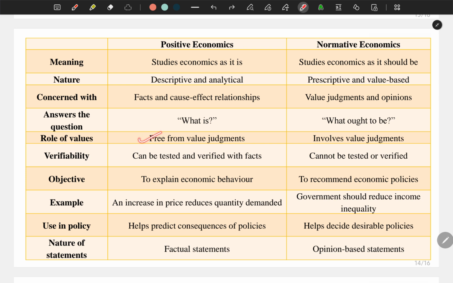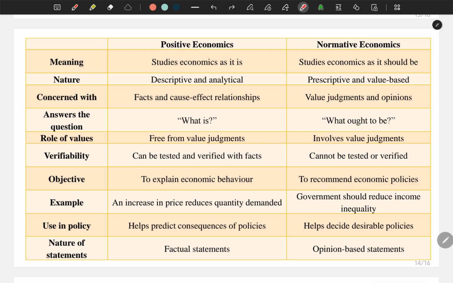Positive is free from value judgments, while normative involves value judgments. It can be tested or verified with the facts, but normative can't be tested or verified. Its main objective is to explain economic behavior, but normative economics aims to recommend economic policies.